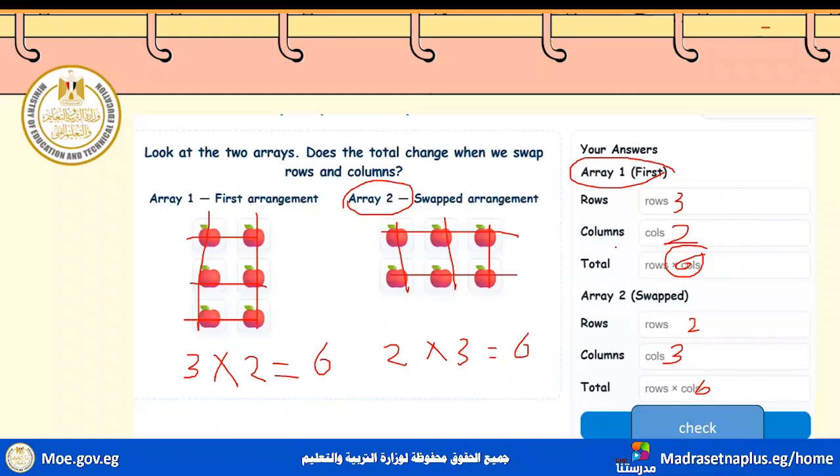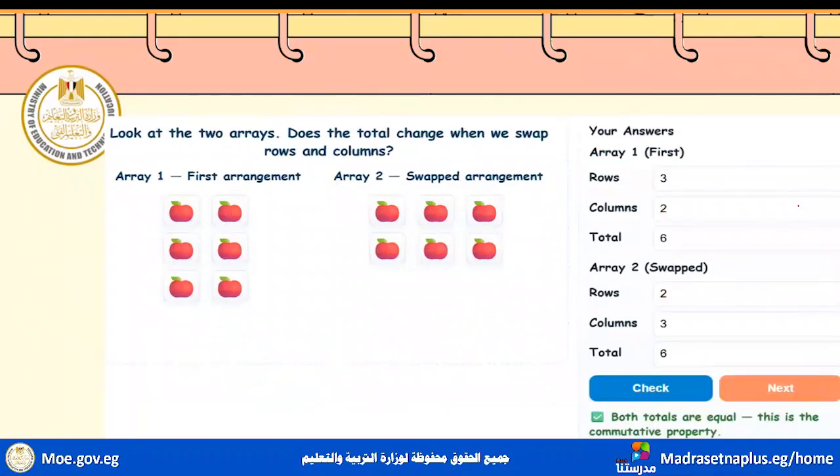Okay? So for these problems, we should look at two arrays. Does the total number change when we swap rows and columns? No, nothing changes. That means rows by columns equals columns by rows. So the perfect answer: number of rows 3, number of columns 2, total number for the first array 6. For the swapped one, rows 2, columns 3, total number is 6.